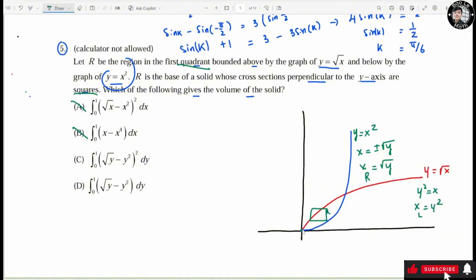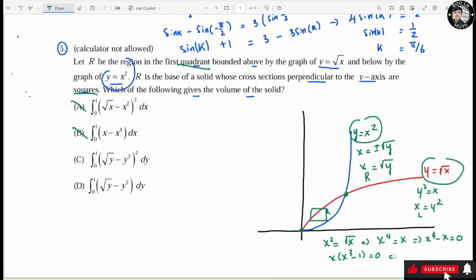Now we need to find the intersection between the two graphs right here, right? So we just let this guy equal this guy, right? So we have x squared equals square root of x, right? We're going to square both sides, so we have x to the 4 equals x, right? We're going to subtract x from both sides, so we have x to the 4 minus x equals 0. Factor x out, so we have x times (x cubed minus 1) equals 0.